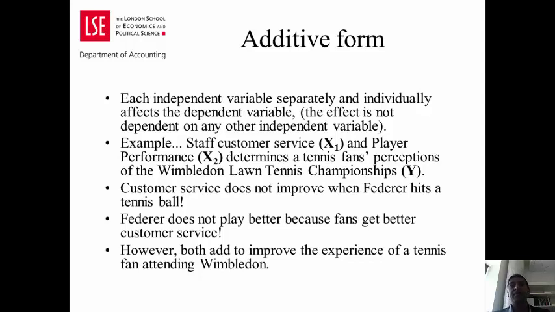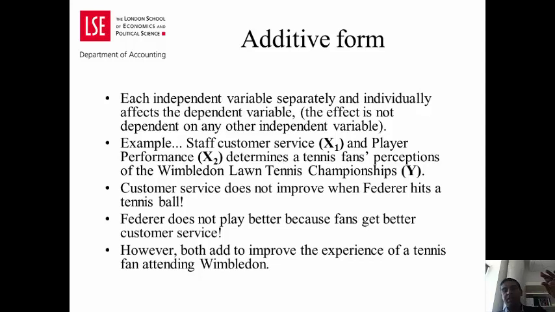Similarly, customer service doesn't improve because player performance improves. Folks selling jam and scones or at the bar don't necessarily offer better service because Roger Federer happens to be hitting the tennis ball better today.